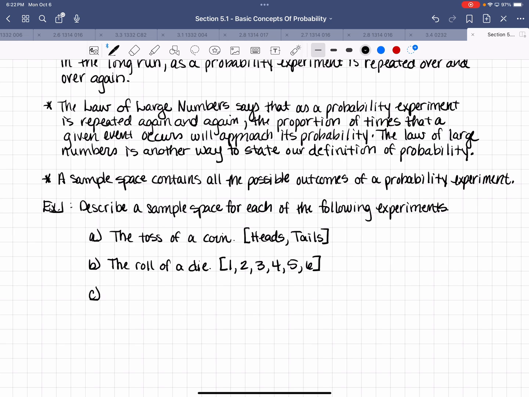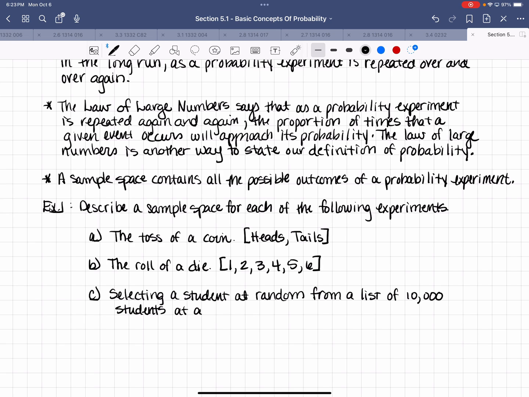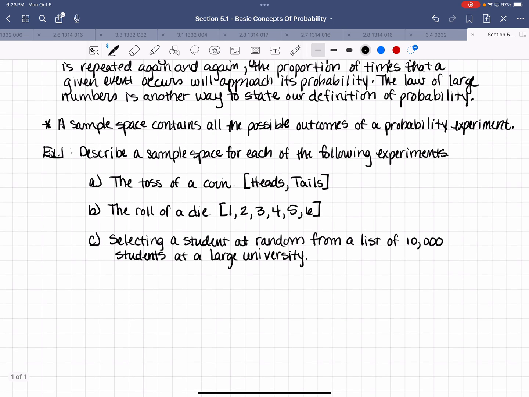C, they try to change it up a little: selecting a student at random from a list of 10,000 students at a large university.